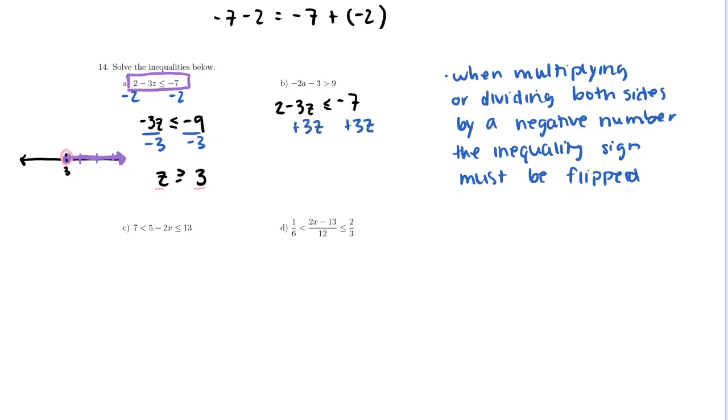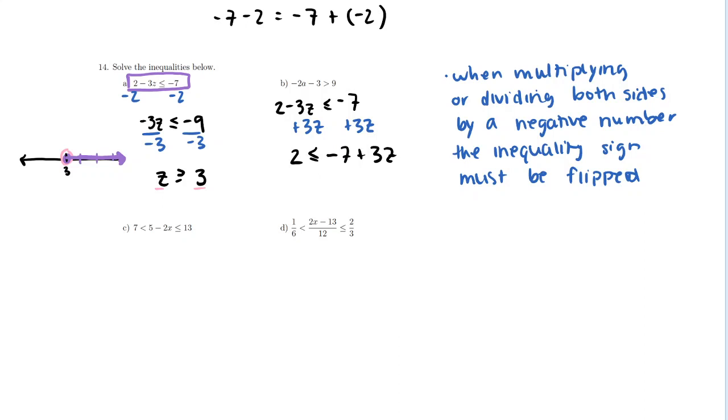So 3z is some number, and I can add it to both sides just like I can add or subtract negative 2 from both sides, or add negative 2 to both sides. And so when I add 3z and it's subtracted as well, then those are going to undo each other on the left. And I'm just going to have 2 is less than or equal to negative 7 plus 3z.